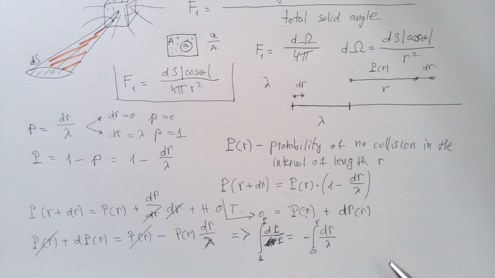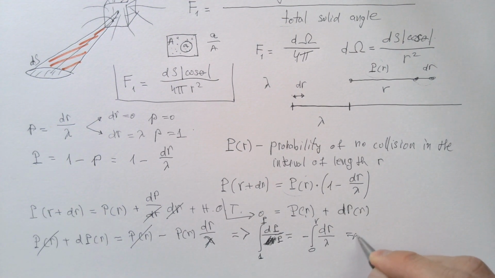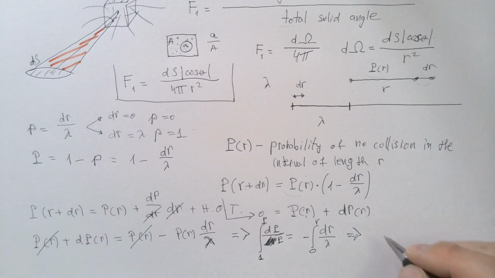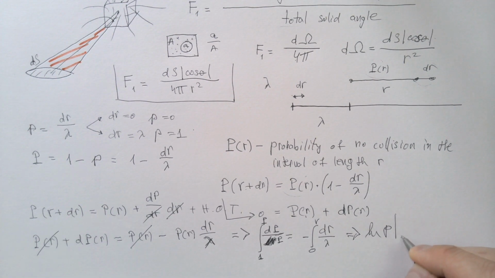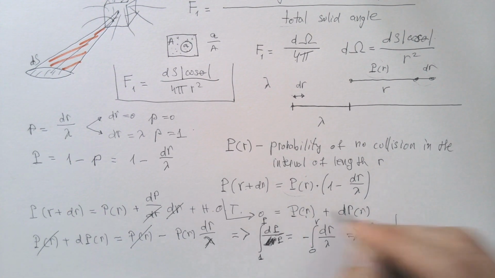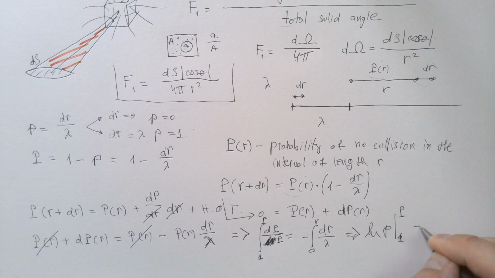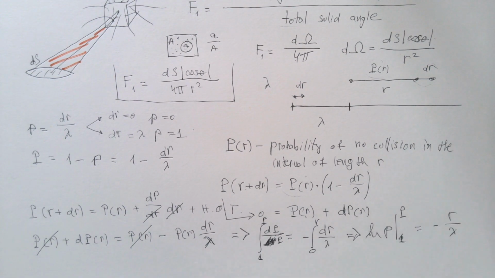Upon this integration, we get that ln P in the limits between 1 and P is equal to negative r over lambda.